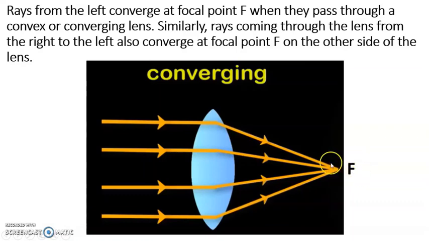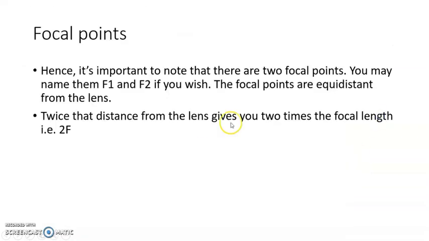We've written it as F there. Now, it's important to note that there are 2 focal points. You may name them F1 and F2 if you wish. The focal points are equidistant from the lens, the same distance from the optical center.